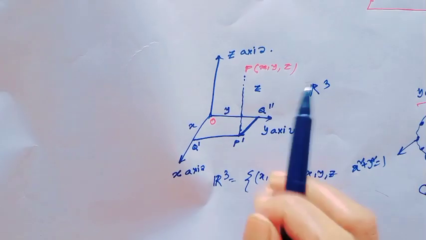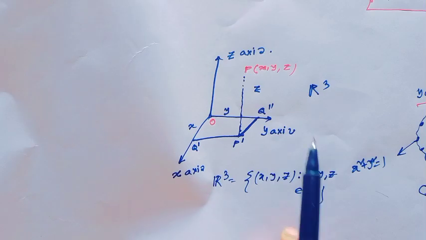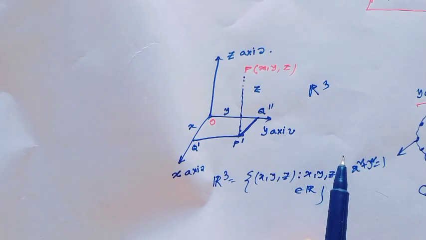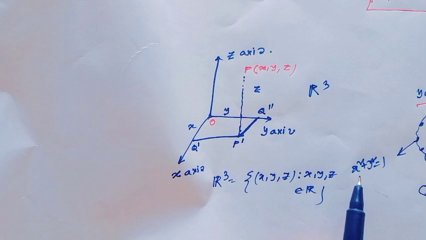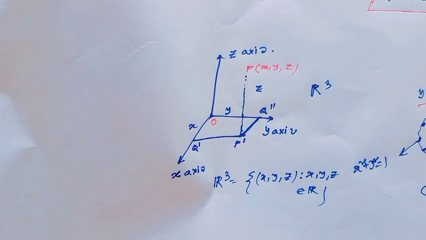This is the point P, and similarly we can choose point Q and point R in R3 space. This is the R3 space, and R4 is the higher dimension.